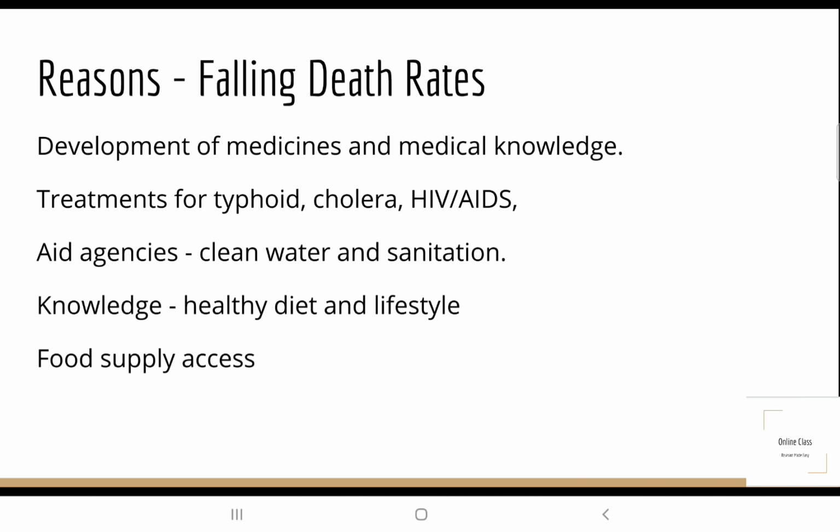Okay, so the reasons for falling death rates. These can generally be seen to have a few factors. The first one is the development of medicines and of medical knowledge. So we get better trained doctors, and greater access to clinics that travel out to rural areas, which will lower the death rates.